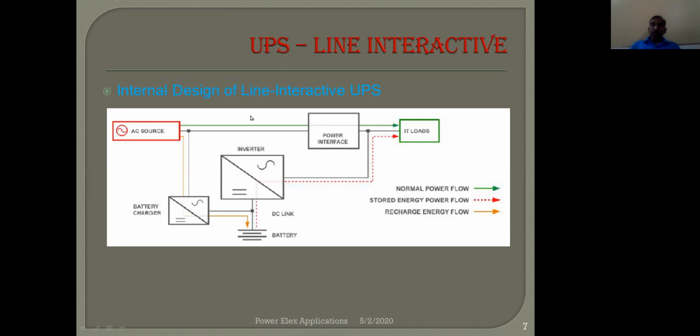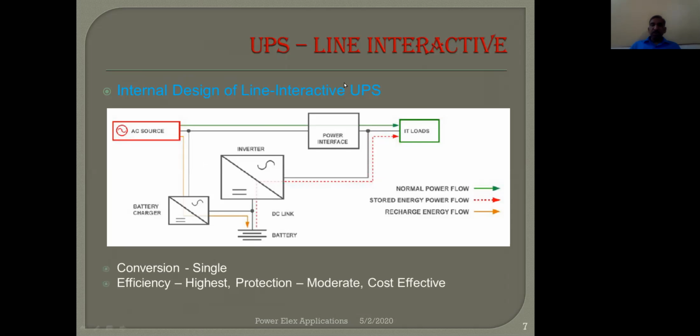And the third operation this UPS is doing: whenever mains is present, it keeps the battery charging through the controlled rectifier. So the major blocks are the controlled or uncontrolled rectifier, inverter, and a power conditioner circuit.